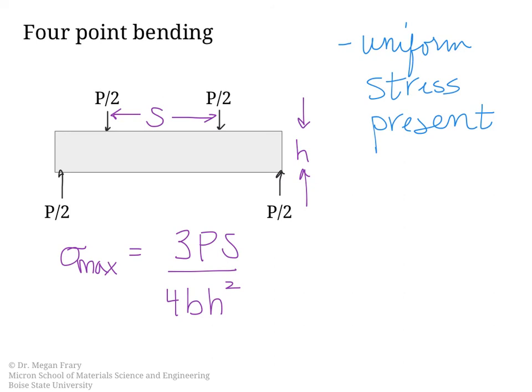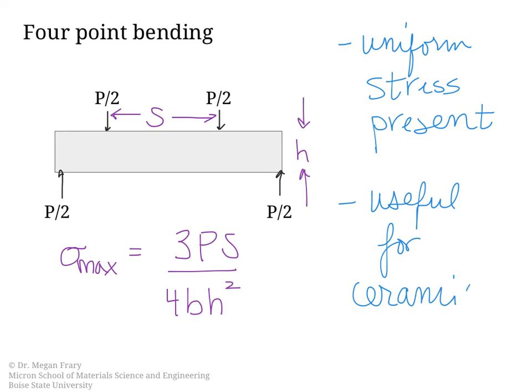In 4-point bending, we have a uniform stress over that span S. Both of these kinds of bend tests are useful for characterizing ceramics. A tensile test is not as useful for ceramic materials, but a bend test allows you to determine how this will deform.